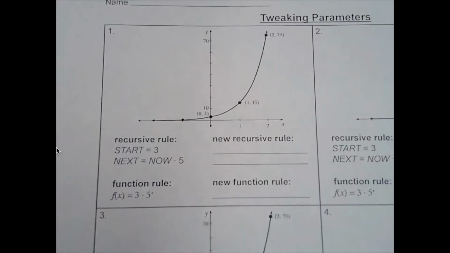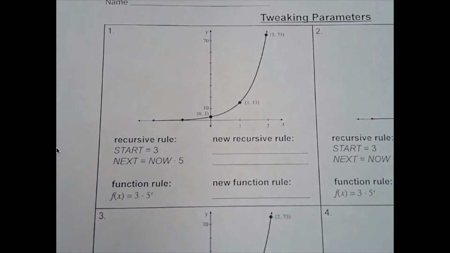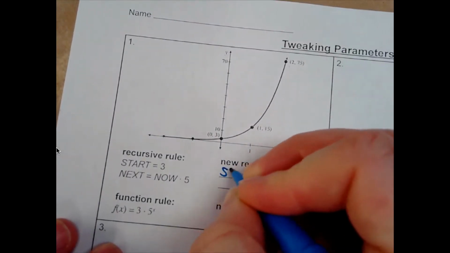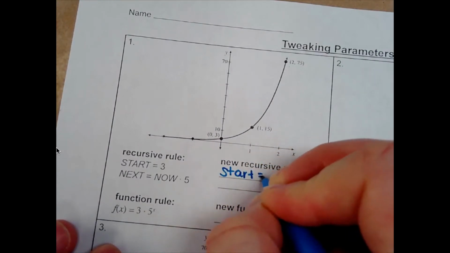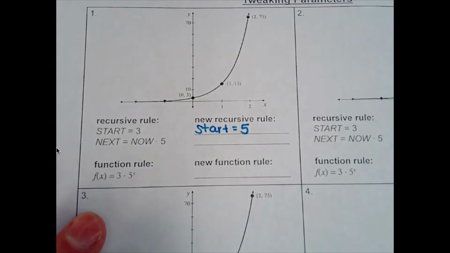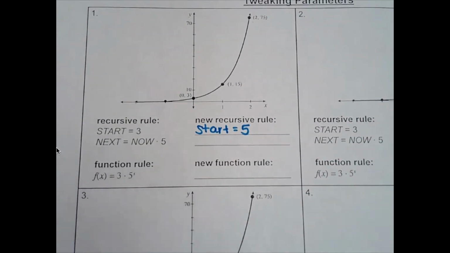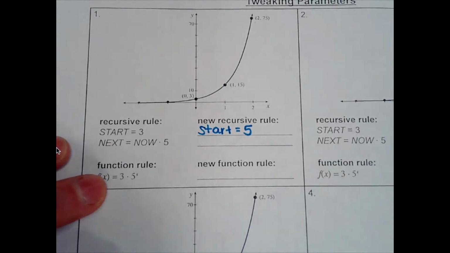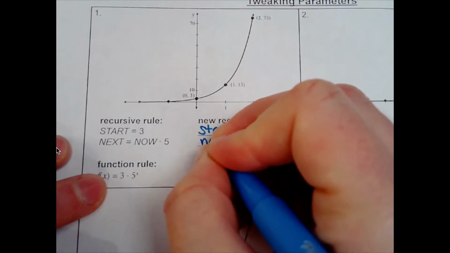So the first one, I'm going to change the start value to 5. And I'm going to keep the next equals now times 5 the same.